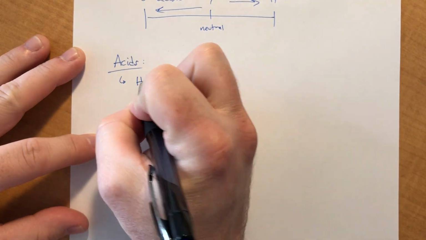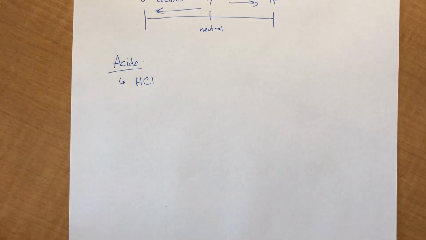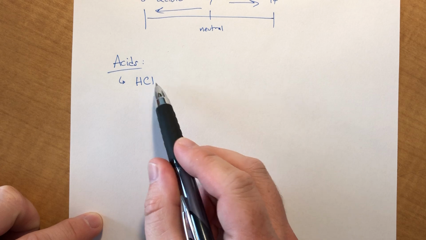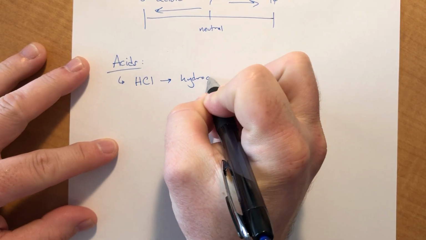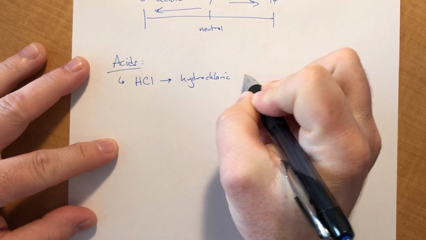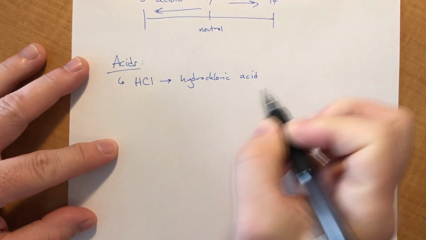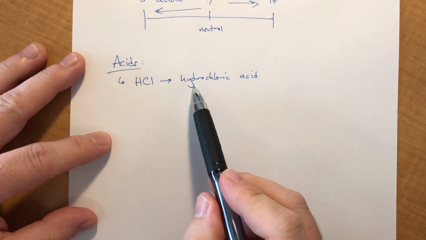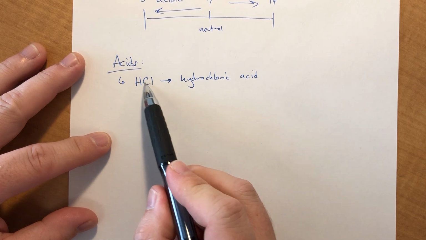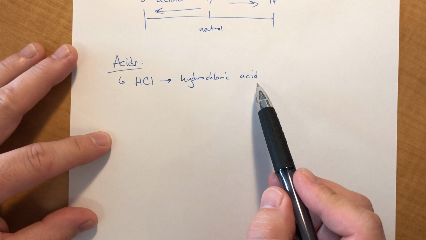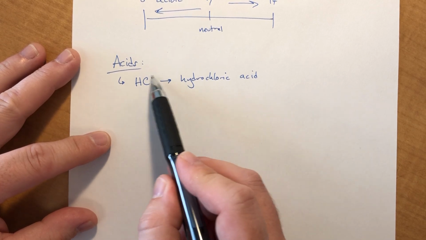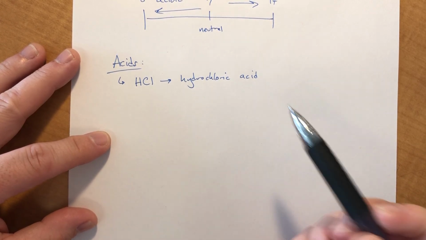So, HCl is basically H is the cation, Cl is the anion. This is hydrochloric acid. The naming scheme, I guess I could tell you, is if it's not a polyatomic ion, it's hydro, whatever the anion is, instead of the IDE ending, it's ic acid. So hydro, instead of chloride, it becomes chloric acid.